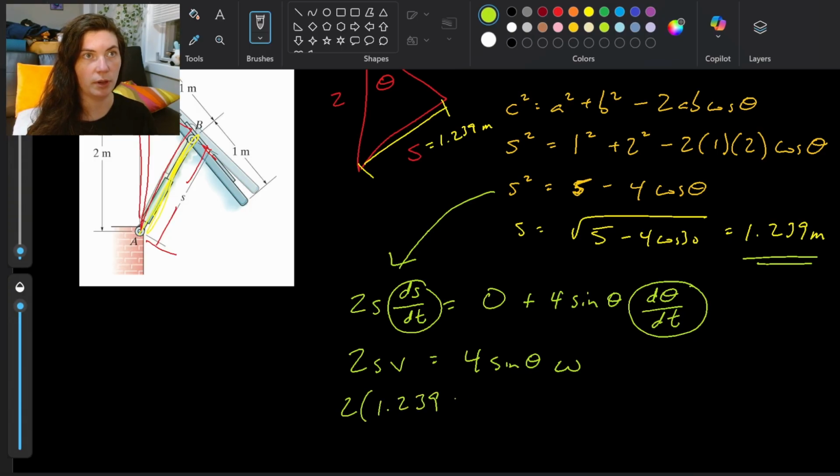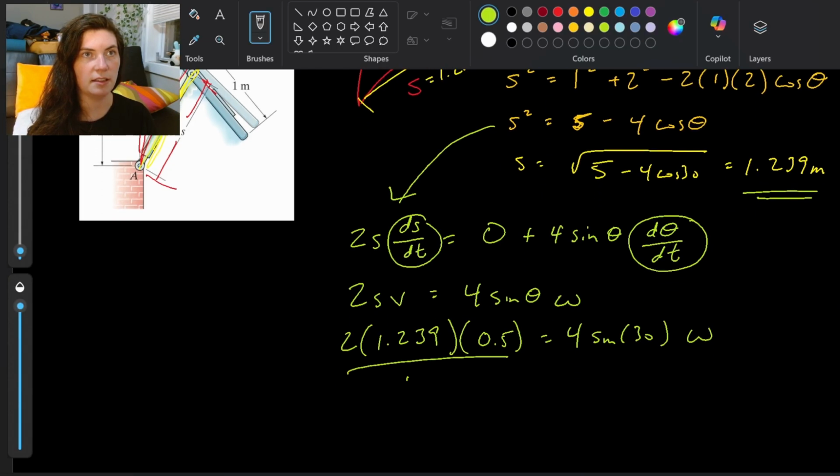2 times 1.39 times my 0.5 meters per second equals 4 times sine 30 degrees times omega. So I can divide by 4 sine 30 to find that omega value.